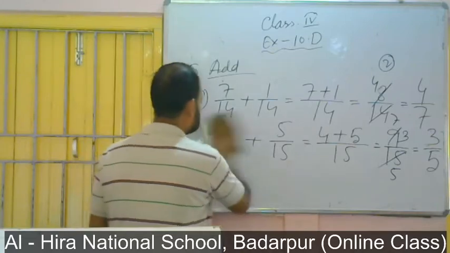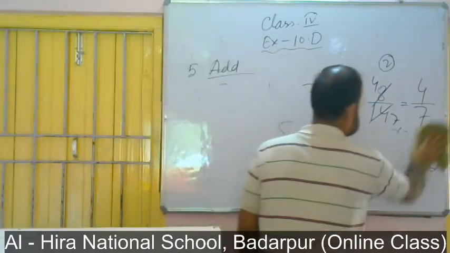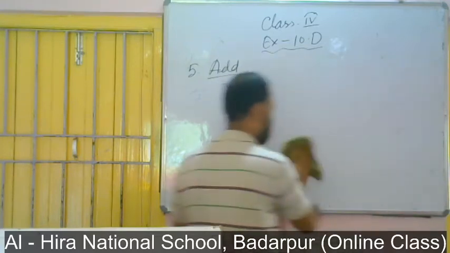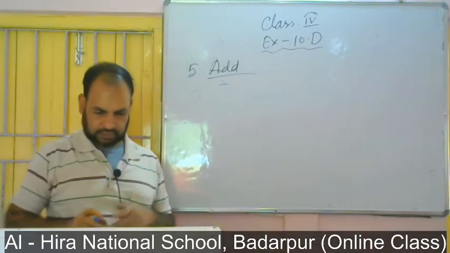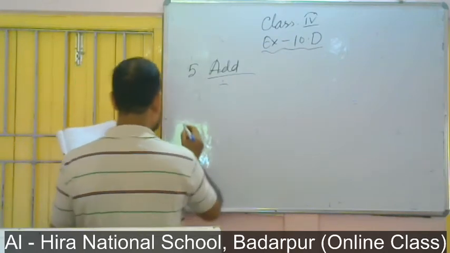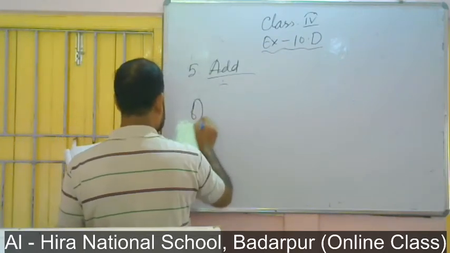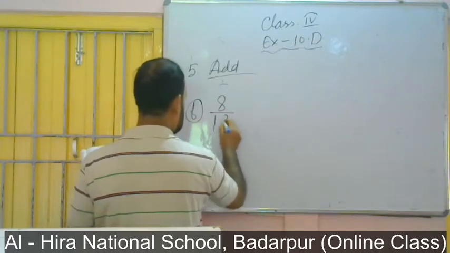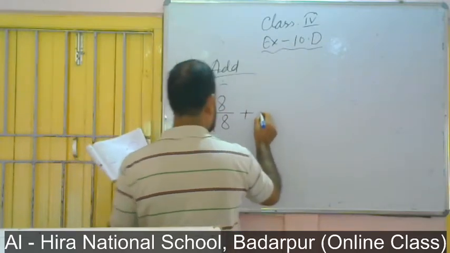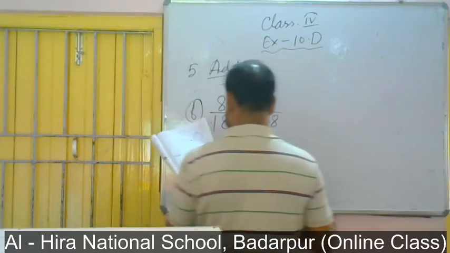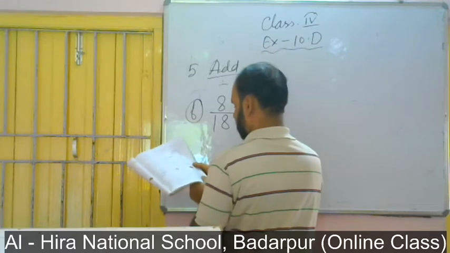Next, question number F. 8 by 18 plus 4 by 18.